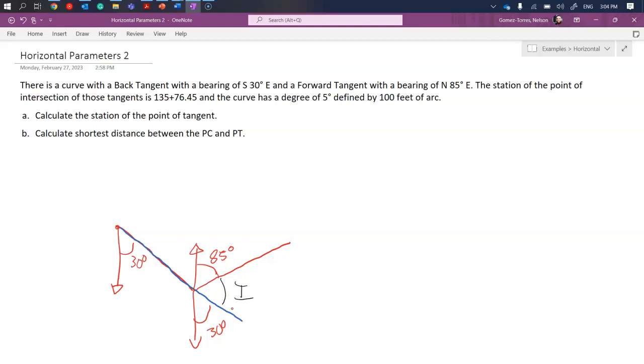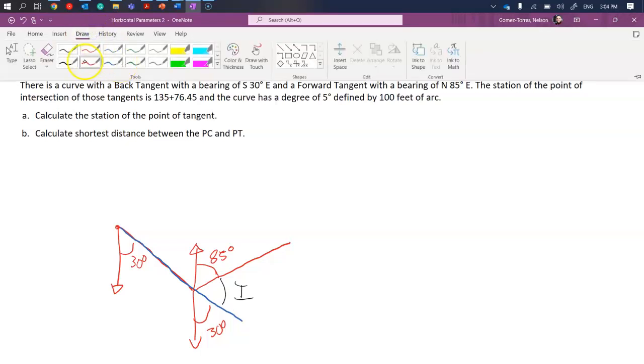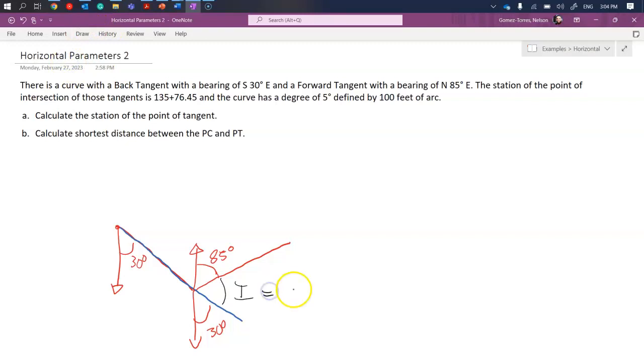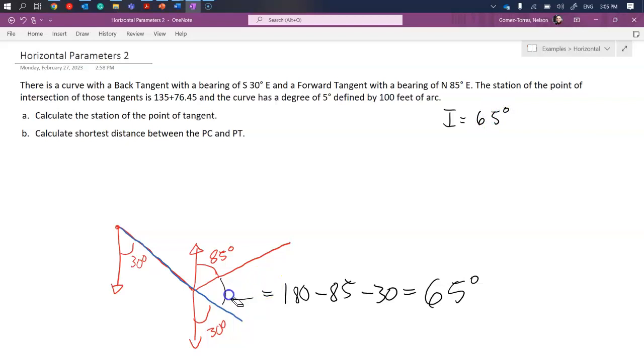That's the best place to select it, because now I can say that I is 180 minus 85 minus 30, which is 65 degrees. So we now have I. Let me write it down over here so I have it for later. I'm going to erase a little bit of the things here because it's a bit much.